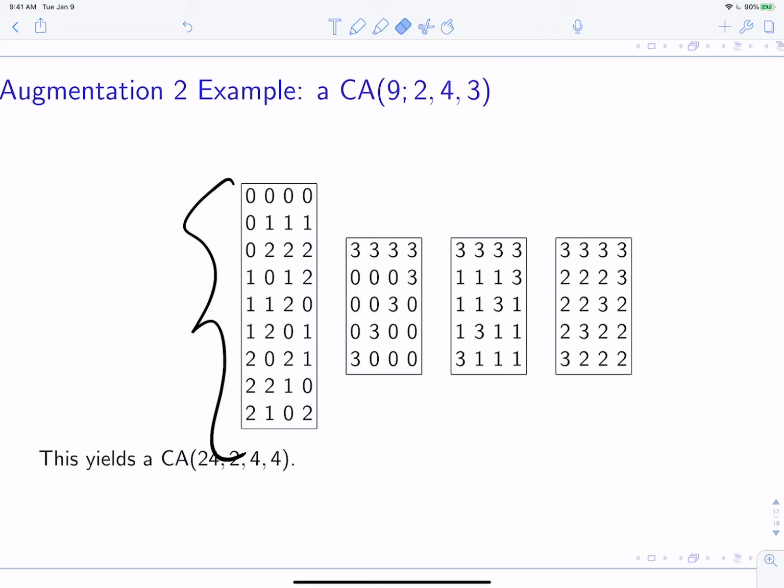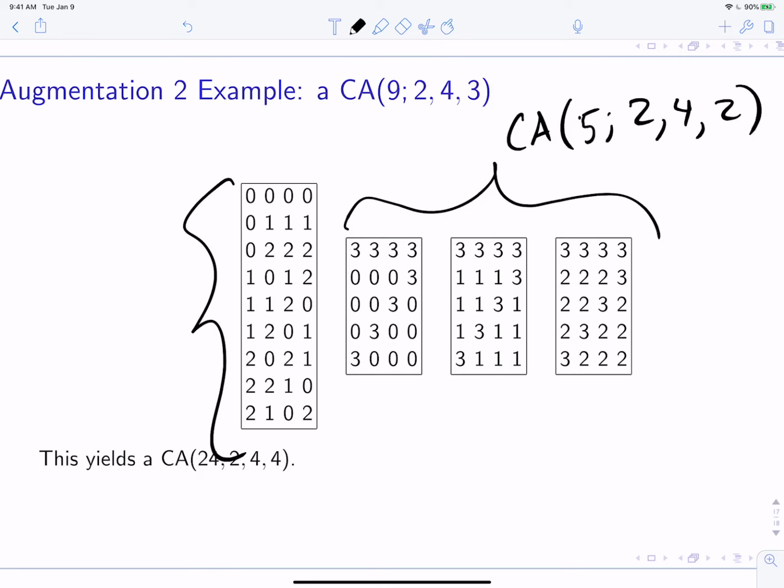And then these 3 over here are a bunch of covering arrays with, let's see, 5 rows, strength 2, 4 columns, and 2 symbols. And we know the construction for 2K2 is optimal. So 5 rows are what you get out of that.